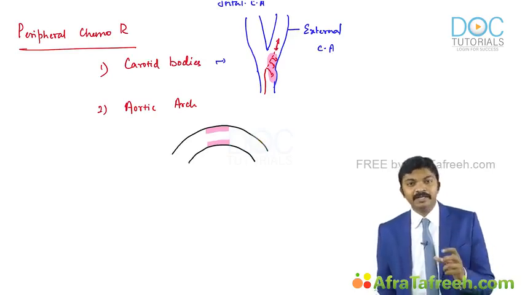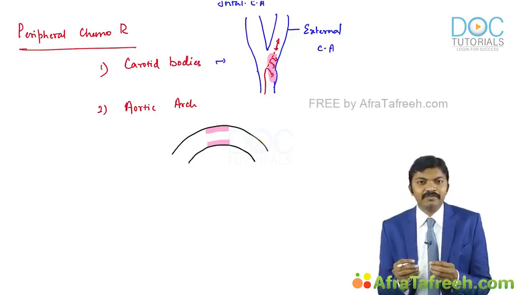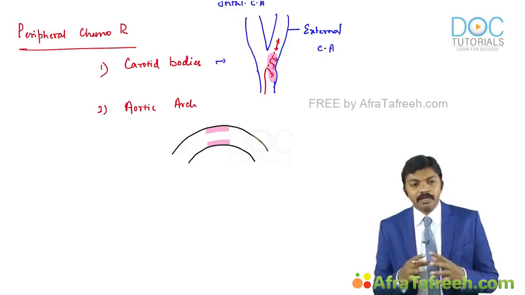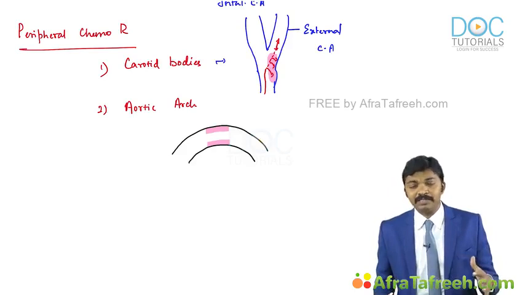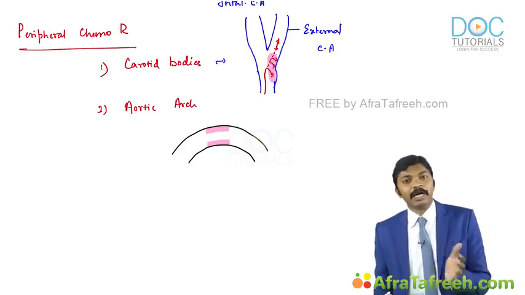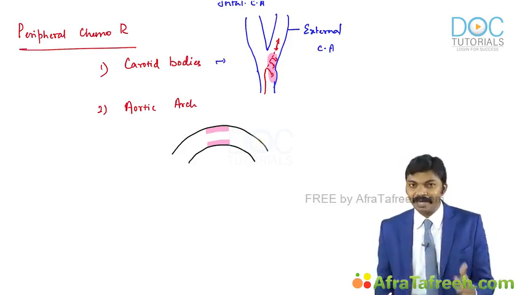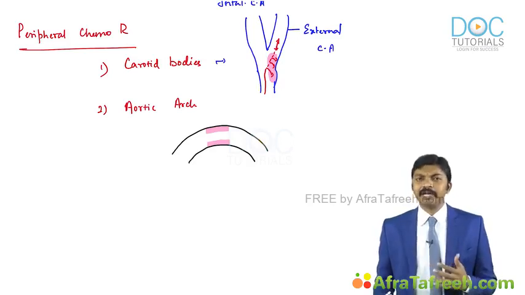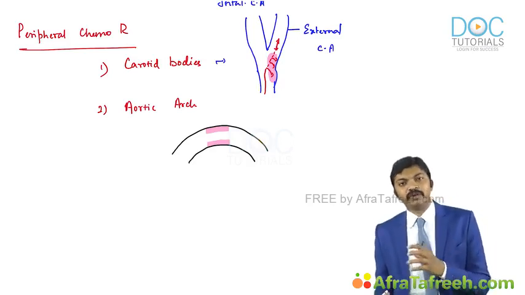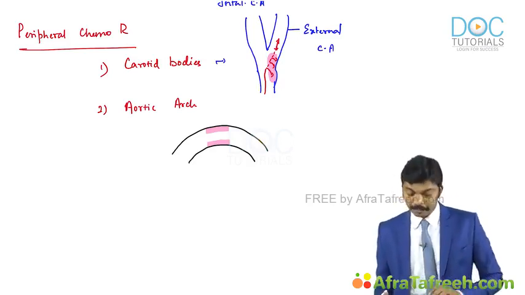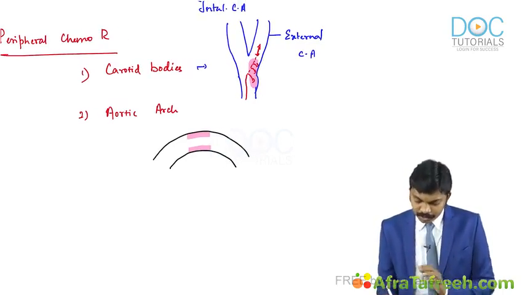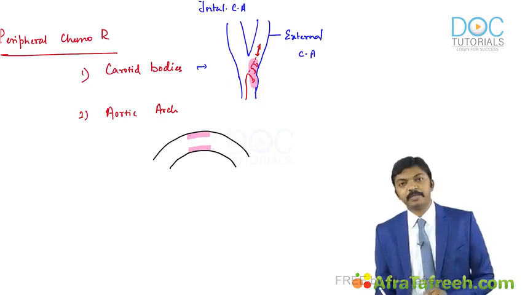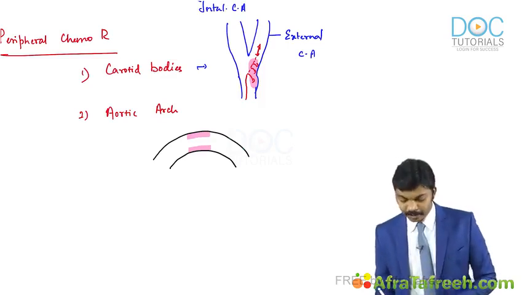Although they do have a lesser role, their contribution to regulation of respiration, even during normal levels as well as during hypercapnic levels, is not very much. So we can practically ignore the presence of aortic arch chemoreceptors. So let us focus our knowledge on the peripheral chemoreceptors located on carotid bodies.